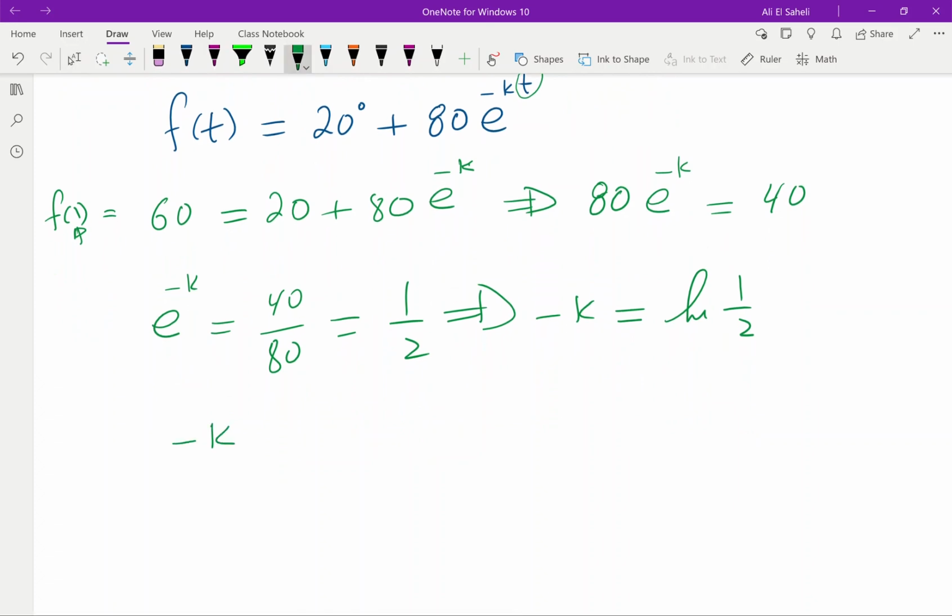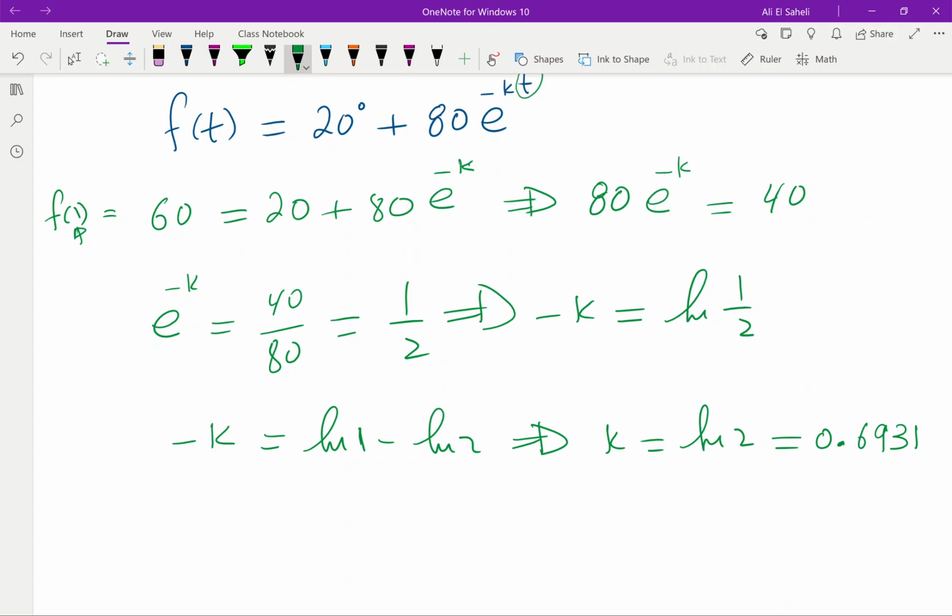So minus k equals ln 1 minus ln 2. Ln 1 is 0. So k is ln 2. Ln 2, using the calculator, is 0.69314. So I'm going to keep only 4 decimal places.